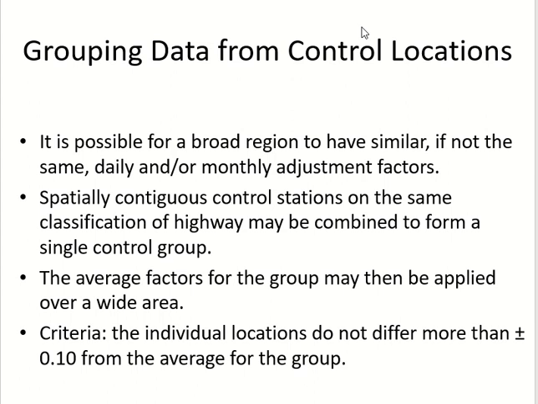For each control count you have to calculate the adjustment factors, and each control count location will have a different set of factors because values are different, right? So if you have 1000 control counts, then you can have 1000 adjustment factors for each day of the week and each month and so on.